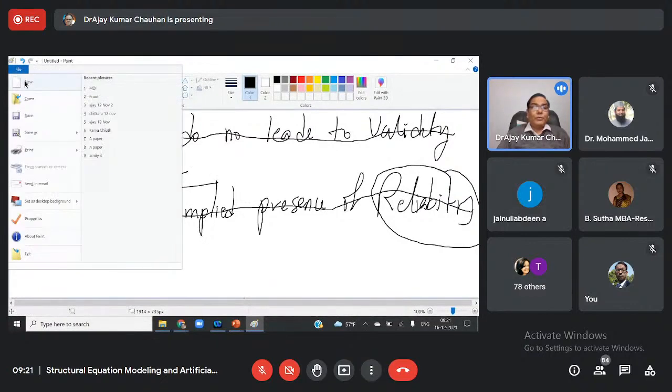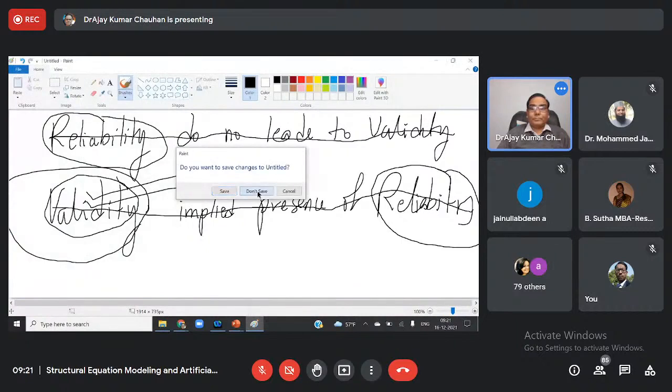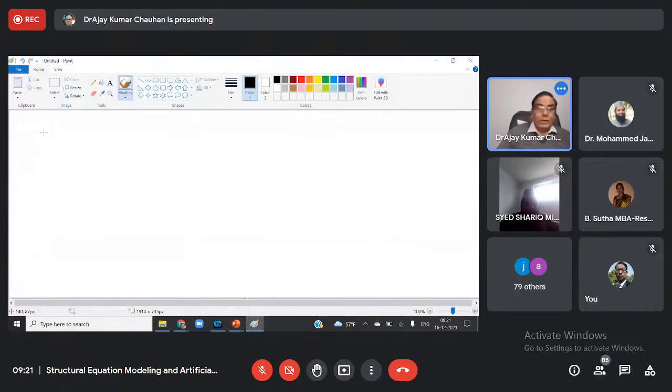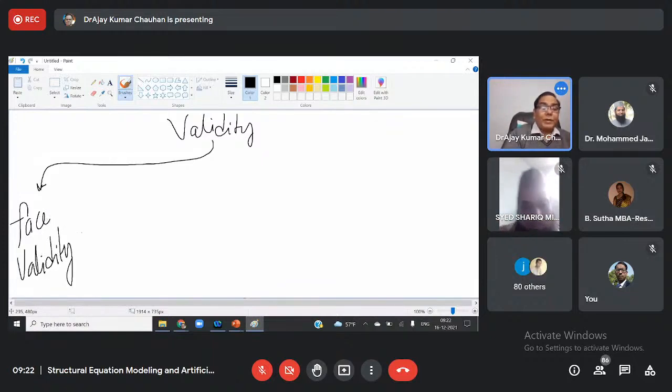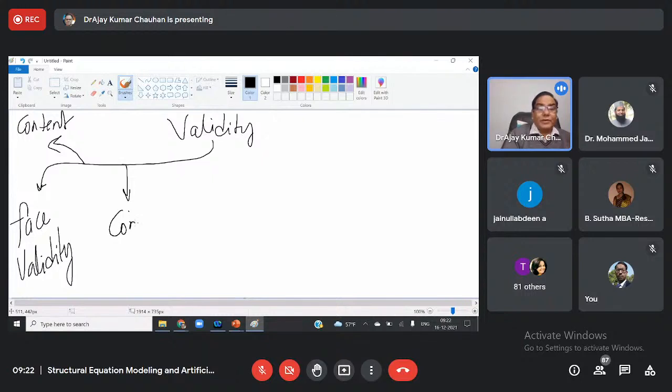Okay, now we are moving to validity. So let's see the validity now. Now, the validity of different types. First of all, you have to check the face validity. And even before that, you have to check the content validity. After that, you have to see the convergent validity.